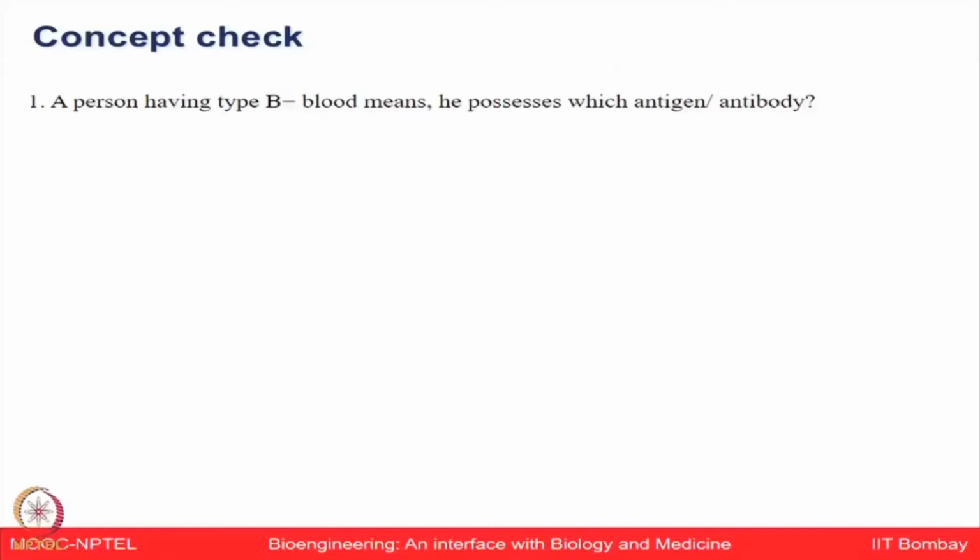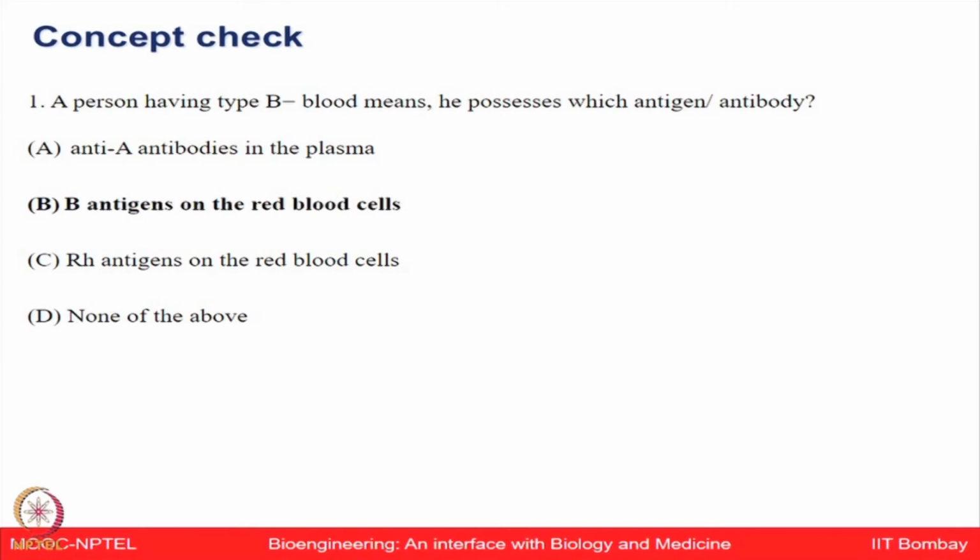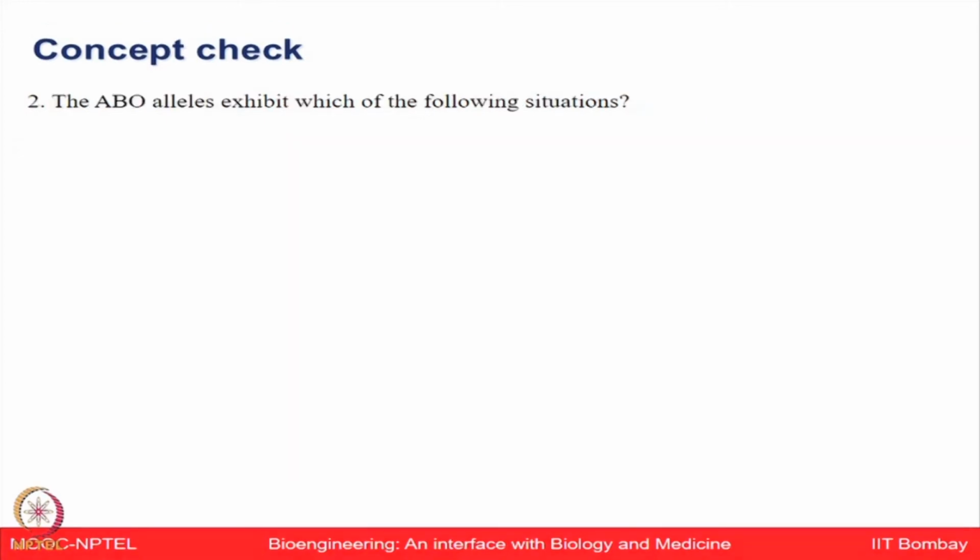A person having type B minus blood means he possesses which antigen or antibody? The ABO alleles exhibit which of the following situations?